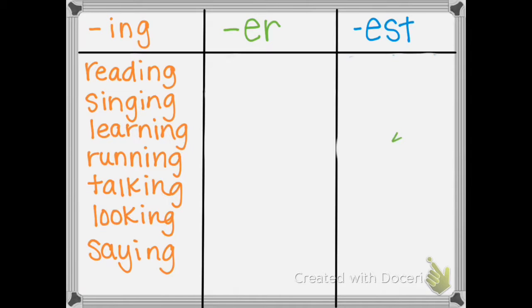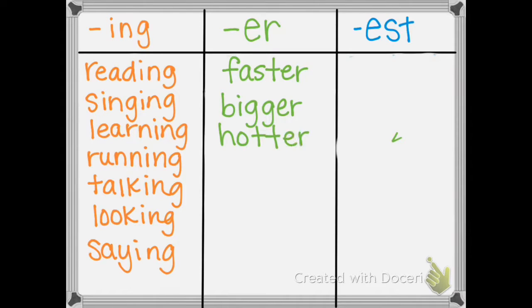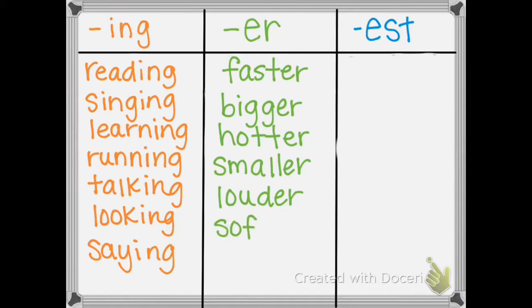So we have words like faster, bigger, hotter, smaller, louder, softer, harder.